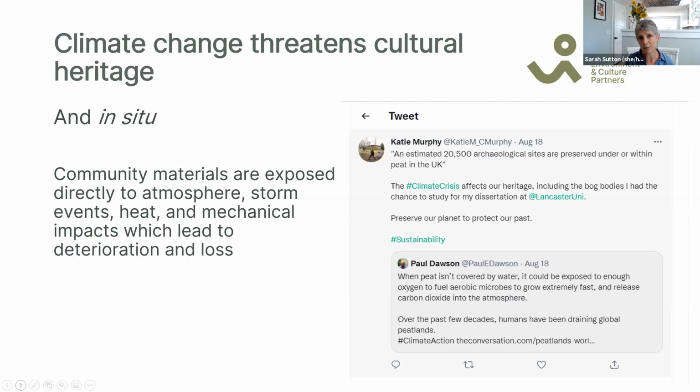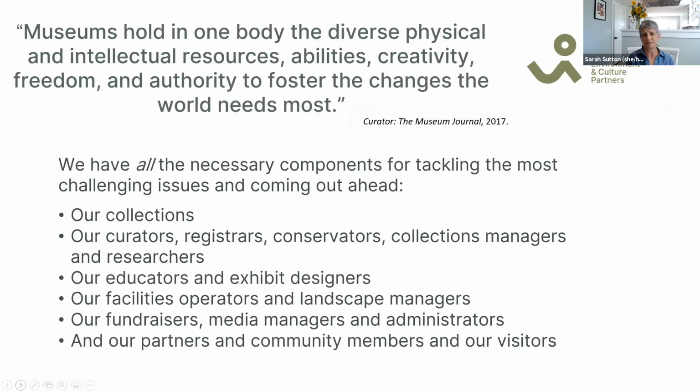And then environmental impacts, such as draining peat bogs, is damaging to collections. So keeping an eye on what environment and climate are doing to our objects is our first line of defense. And then we can bring everything else that we contribute to the museum sector to bear on this issue.